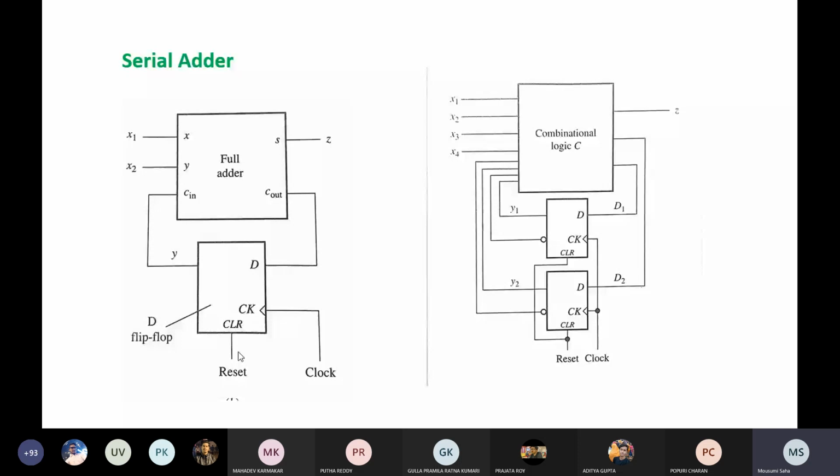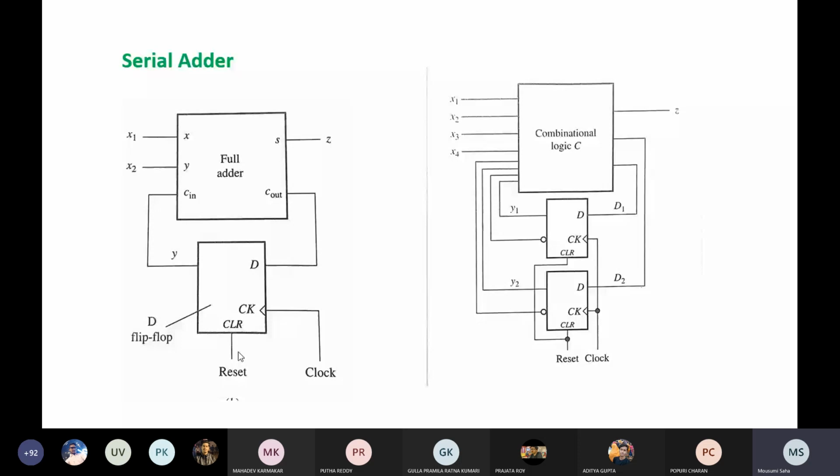Okay, so with the help of CAD for VLSI you have one tool that is called Espresso. Espresso is one of the software tools. With the help of this you can find out the optimized Boolean expression, and you can understand what the circuit should be.